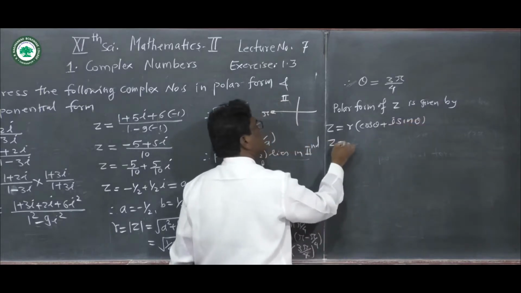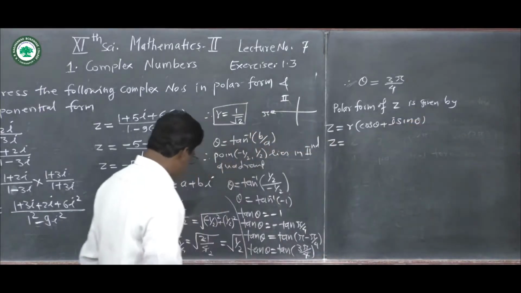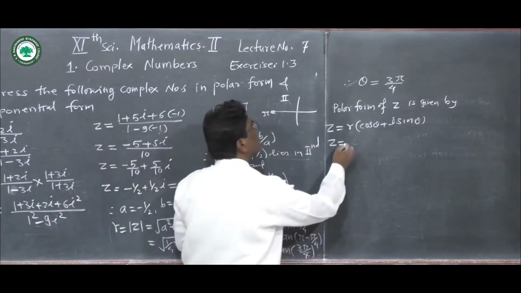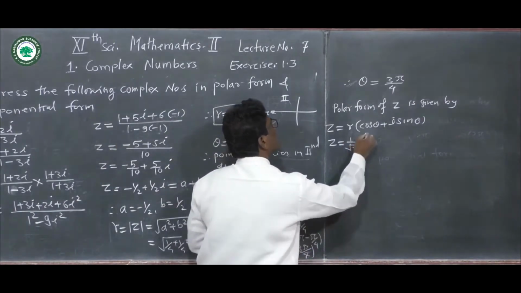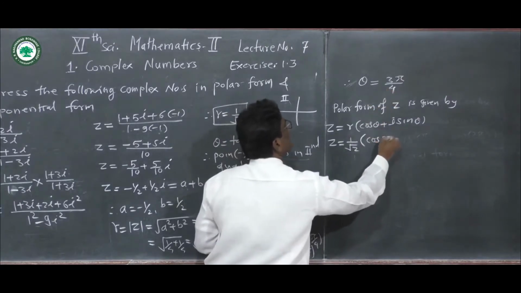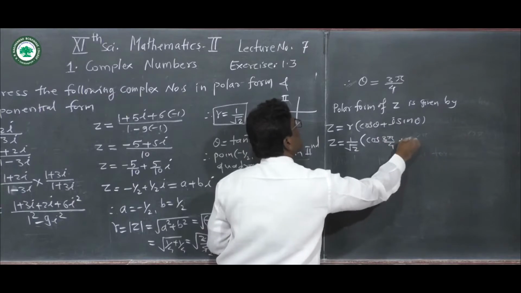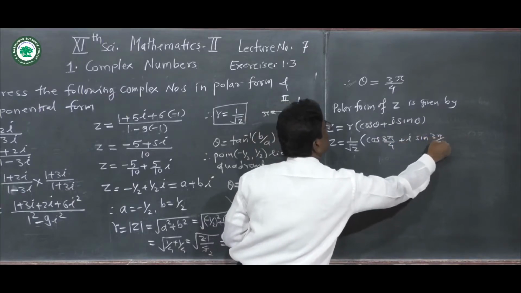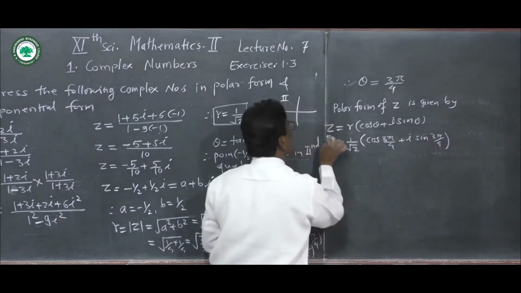So Z is equal to, put the value of R, which is 1 upon under root of 2, in the bracket cos of theta, 3 pi by 4, plus I sin of theta, 3 pi by 4. So this is the required polar form.